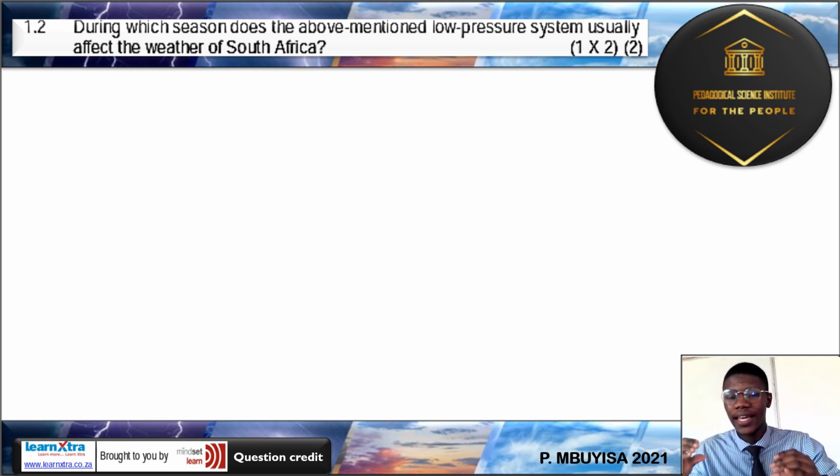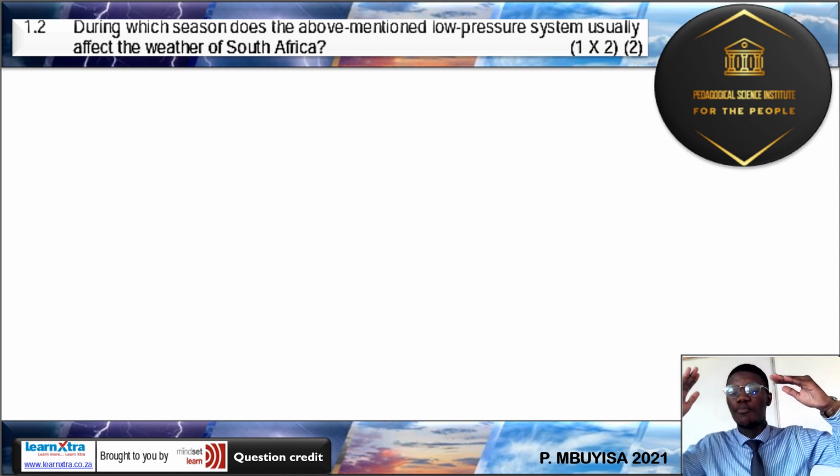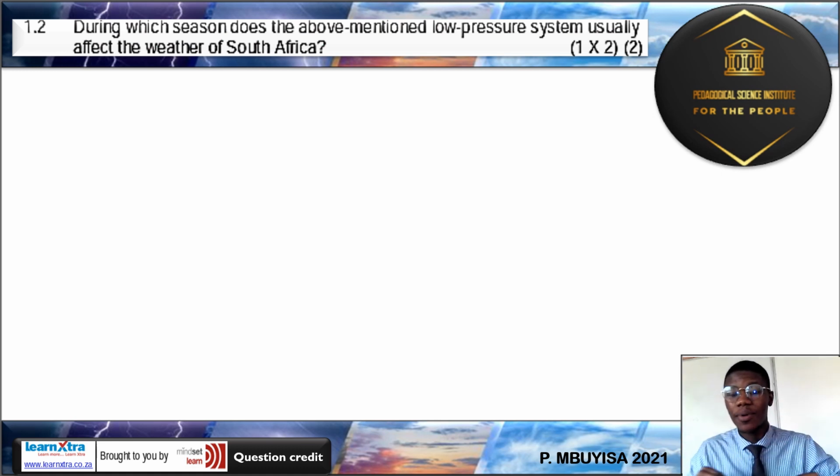And when it moves to the southern hemisphere, it causes the high pressure systems at the 30-degree line of latitude to be pushed further south. It causes these high pressure systems to act as blocking high pressure systems, inhibiting the mid-latitude cyclones from affecting us in summer. I hope that is clear.